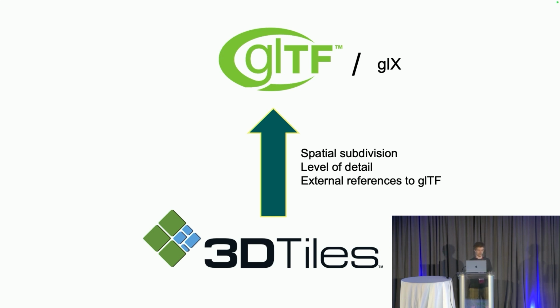So we've heard interest from people in the glTF community about this, and we think it's a good opportunity to get some of the generic things that are in 3D Tiles and bring them into the broader glTF graphics community. We'll talk about this more at the glTF ecosystem forum tomorrow.